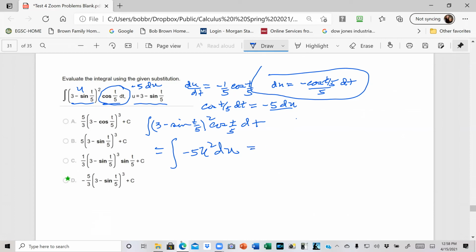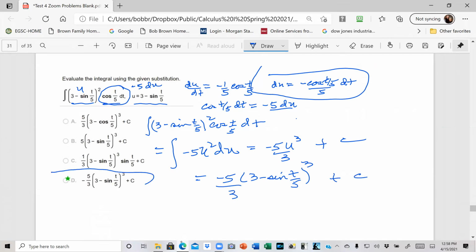And this is going to be minus 5 u cubed over 3 plus a constant. And remembering what u is, this will be minus 5 times 3 minus sine of t over 5 cubed divided by 3 plus a constant. So here is the answer.